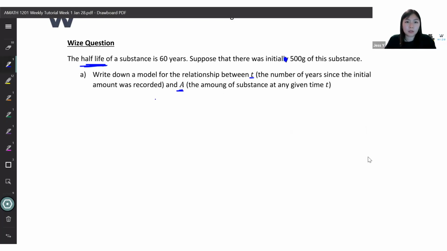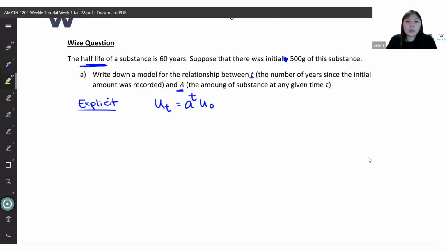Remember, the explicit form was u of t equals a to the power of t times u of 0, right? That was the explicit form. We're going to jump straight here. But now I'm going to substitute what I know. Well, I know what the initial amount is.